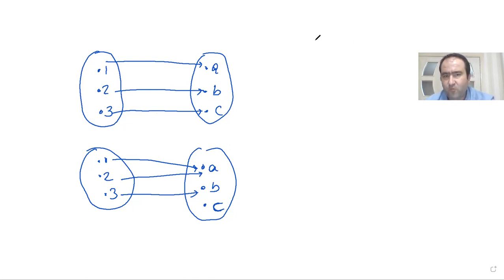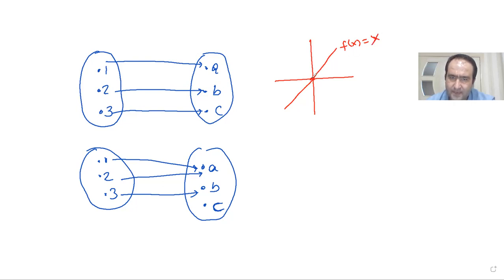Several different functions we must know. First one is f(x) equals x. It passes through the origin.